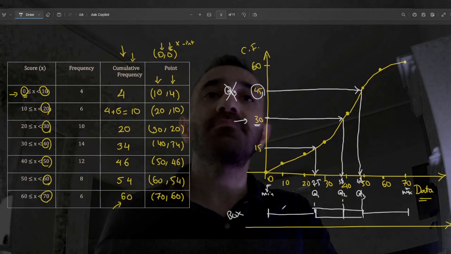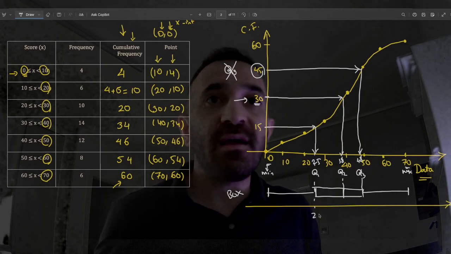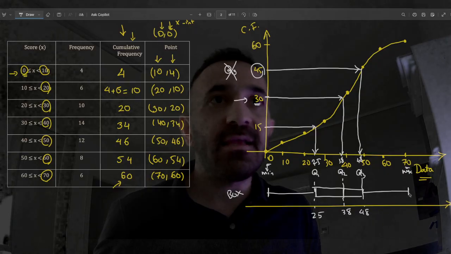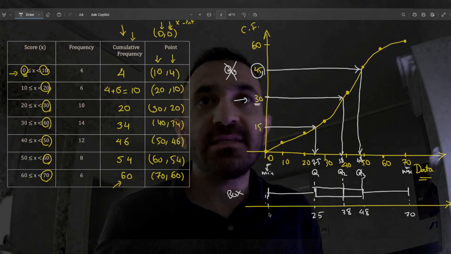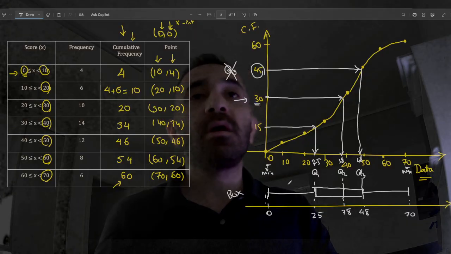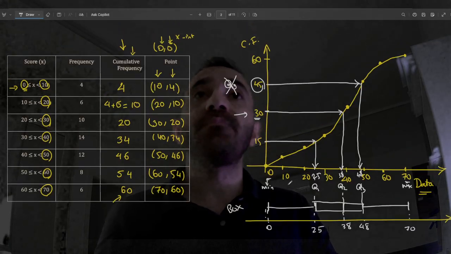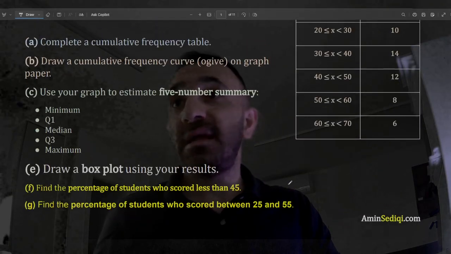If I want to show the data one more time, this is 25, this is 38, this is 48, this is 70, and this is 0. So this is the box and whisker plot of this data. Now, is there anything else we need to find?